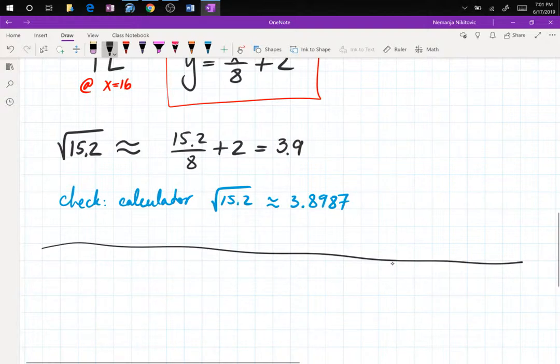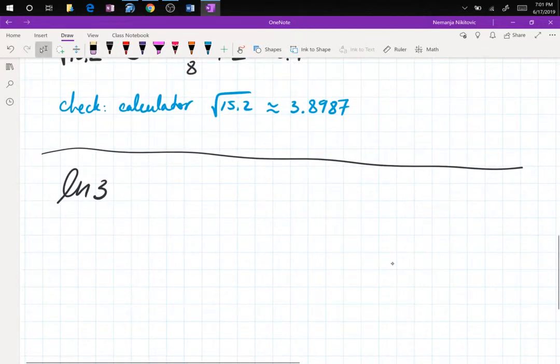Good, because the next one is ln of 3. How much is ln of 3? Yeah, no calculators. So what was ln again? That's the log base e. So how much is this?